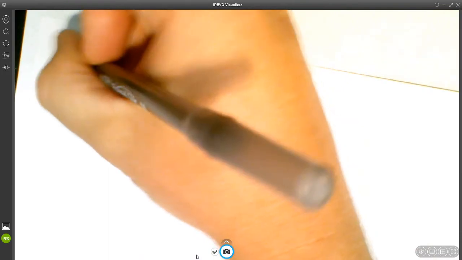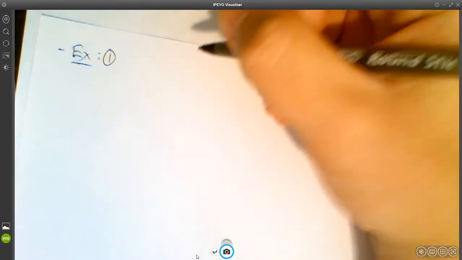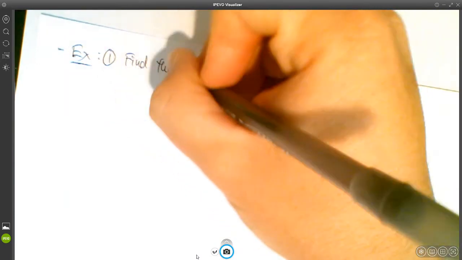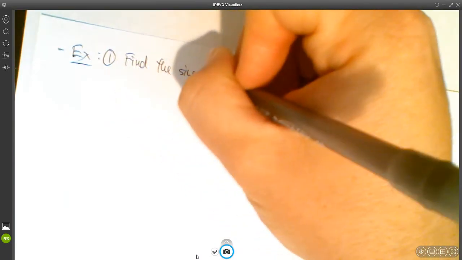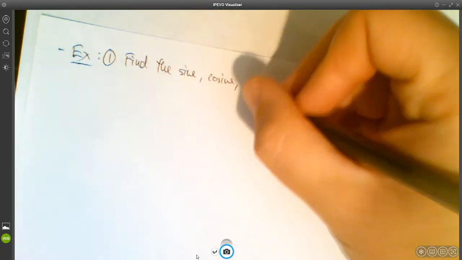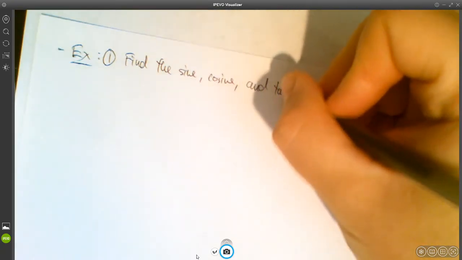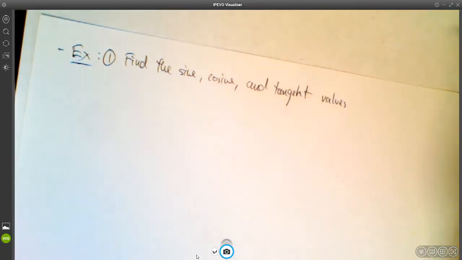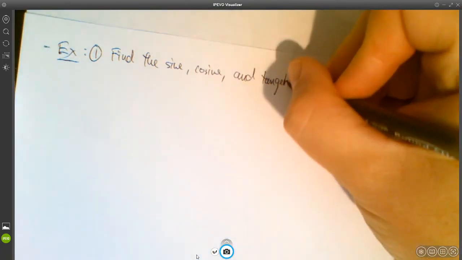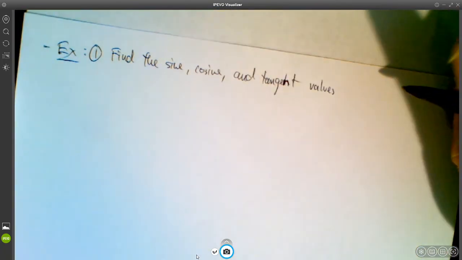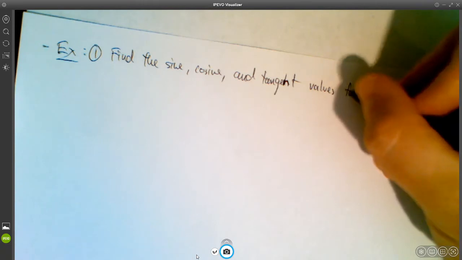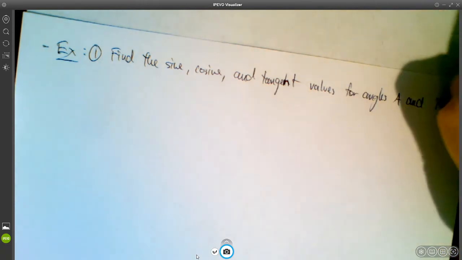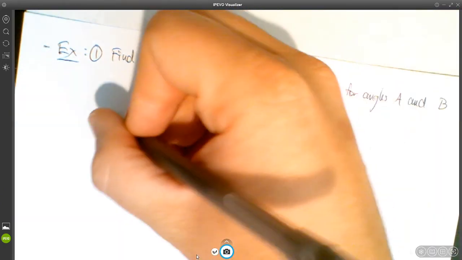So let's find the sine, cosine, and tangent values. That should be an N, not an H. The sine, cosine, and tangent values for angles A and B in this triangle.